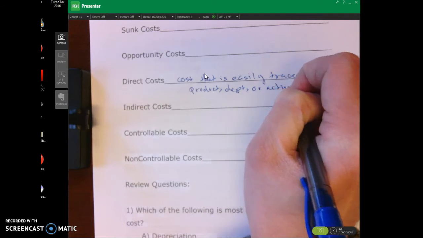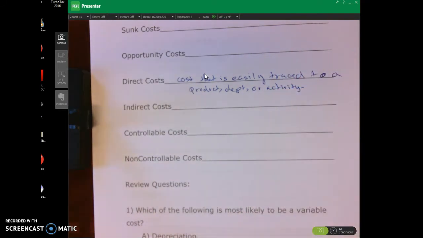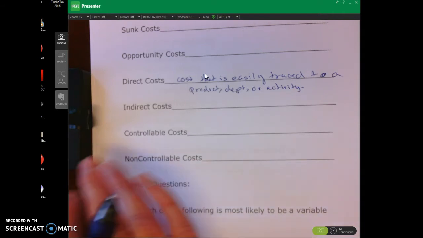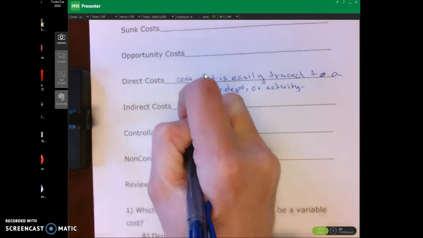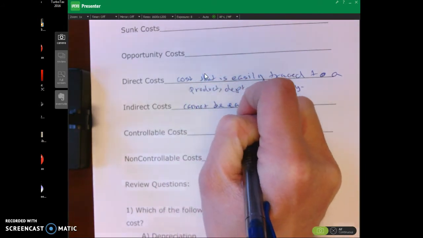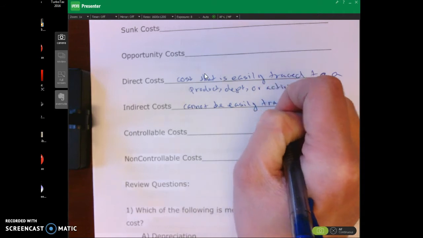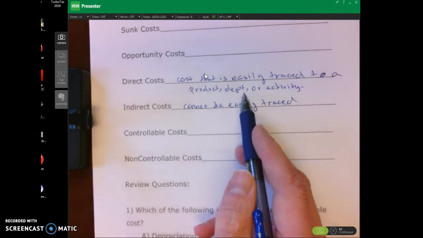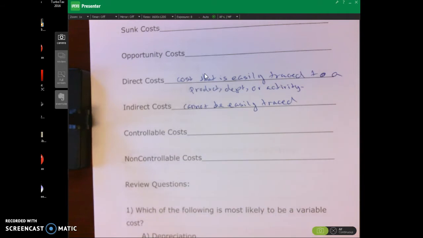So it's easily traced to the cost object. The cost object is the product, department, or activity that receives the cost. An indirect cost, on the other hand, cannot be easily traced to a product, department, or activity. That is, it can't be easily traced to the cost object.